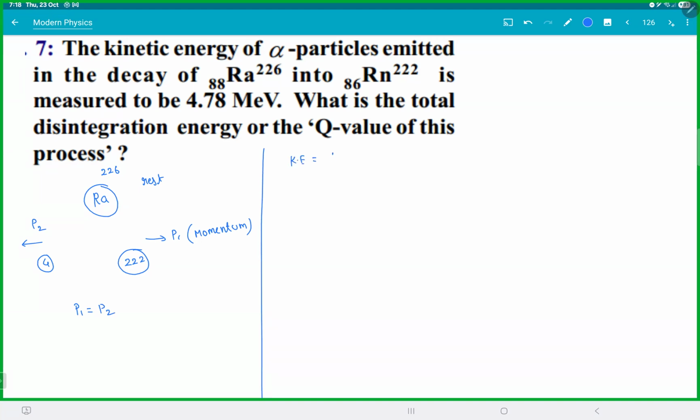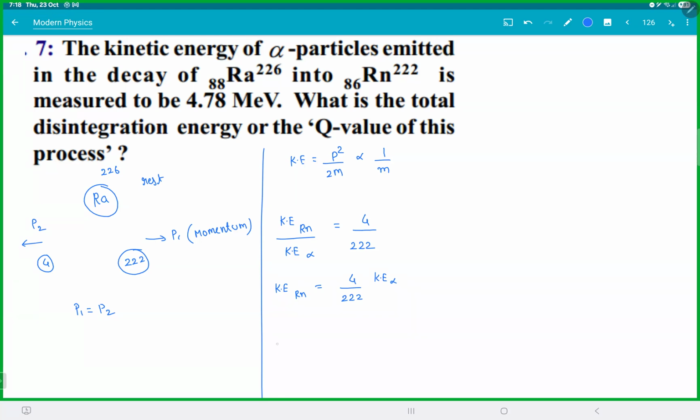And we know kinetic energy is nothing but P square by 2m. So kinetic energy is proportional to 1 by mass. So kinetic energy of radon by kinetic energy of alpha particle is nothing but the ratio of 4 by 222. So kinetic energy of the radon will be 4 by 222 into kinetic energy of alpha particle.